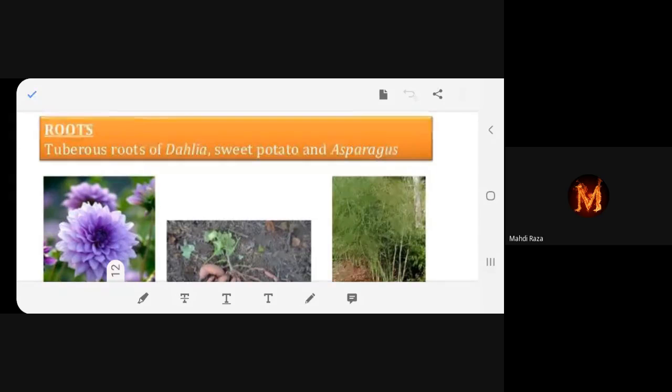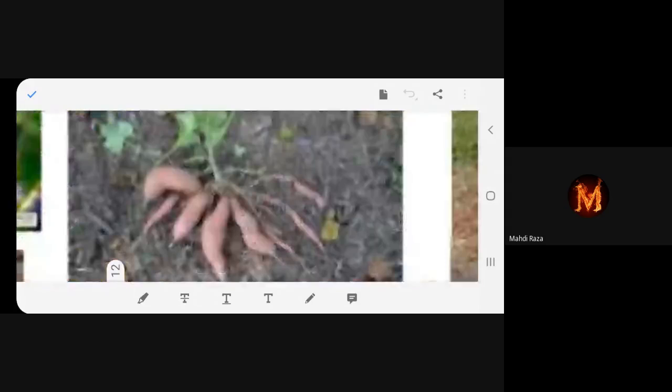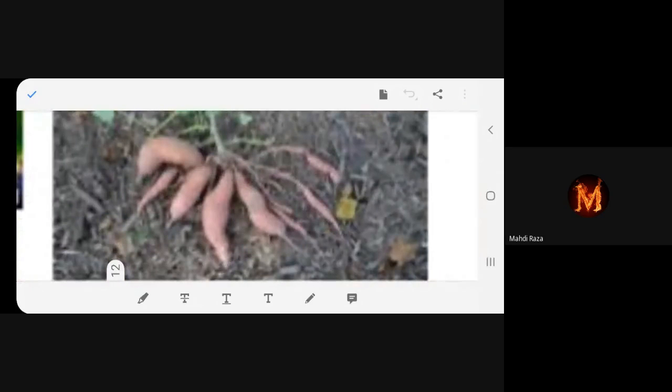From roots: the tuberous roots of dahlia, sweet potato, and asparagus. Now, sweet potato is shakaria in Gujarati. That is actually a root. Sweet potato is a root. You can see here, this is how it looks.